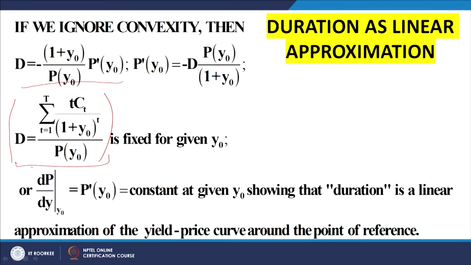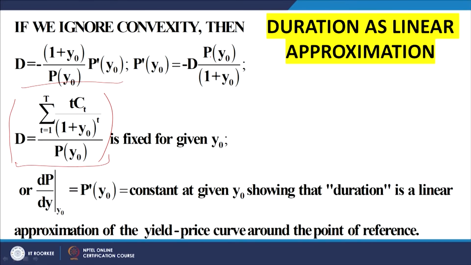And secondly, if you look at this P y 0, that is the price of the bond corresponding to a YTM of y 0, which is also known, and the denominator is also known, the current y 0 at which we are doing the calculations.